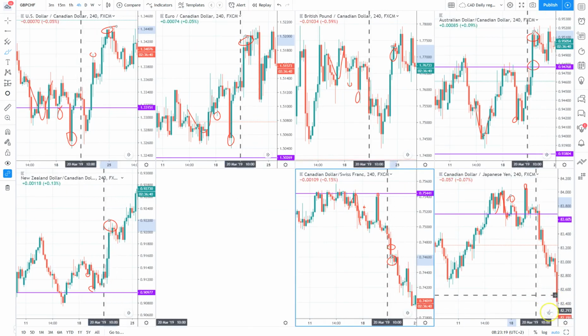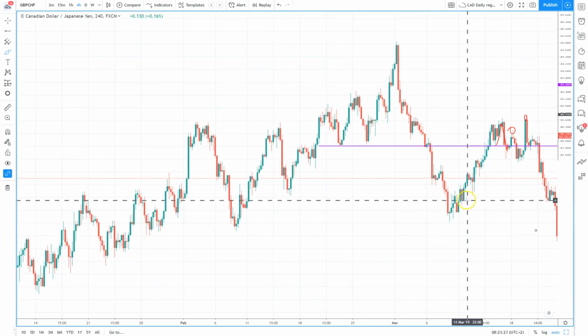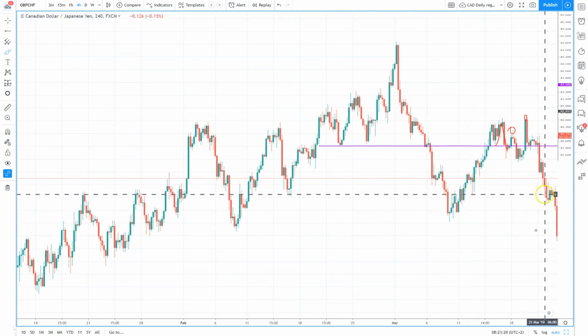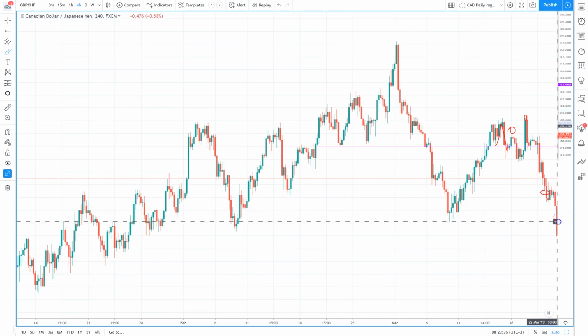And then finally the last pair, Canadian dollar yen. Yeah, this does seem to be a little bit of support here, so an exit around here or at the ultimate low does make sense.